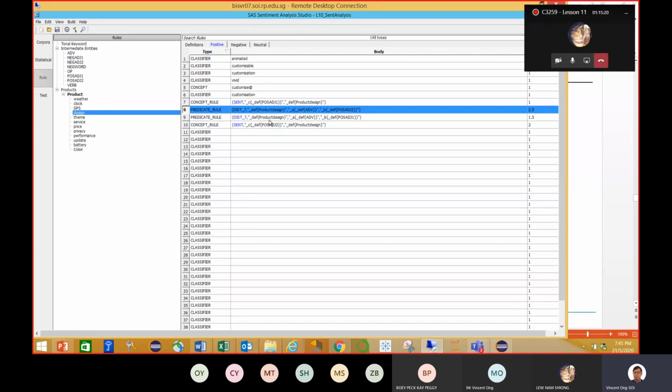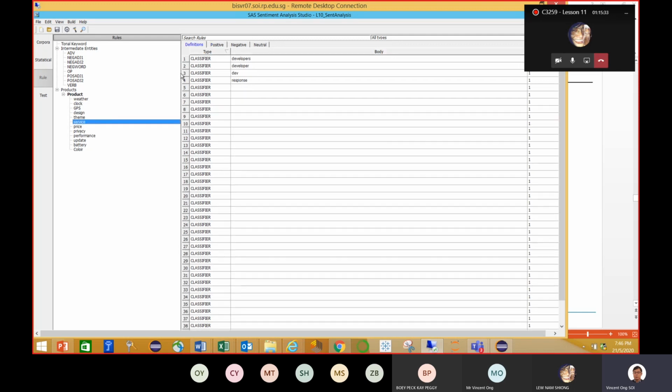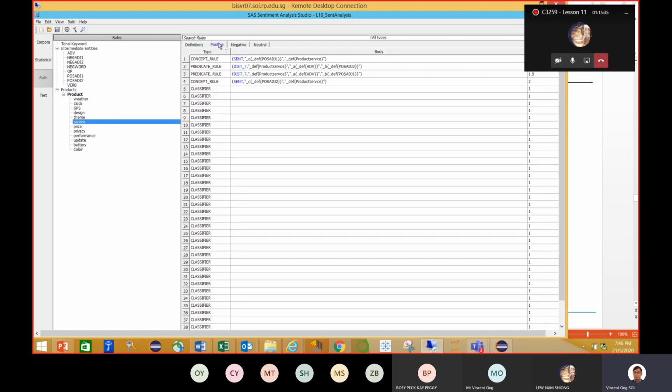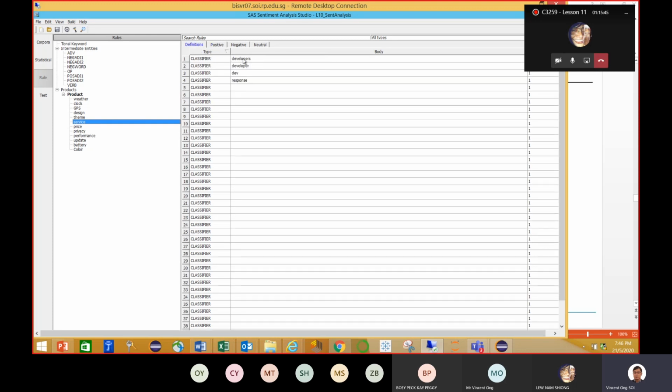Product design refers to the definition of the feature under product. If I click another one, you can see product service. So what is product service? It is defined in the definition here. You go to the definition and see that it's referring to developer, and so on.